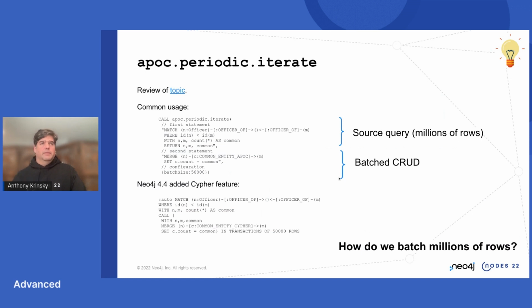Periodic iterate I bring up separately because it's so commonly used. The thought experiment is pretty simple. You've got an unwind with millions of records. If you send that to Neo4j directly or a source query, you're going to potentially blow up your transaction limit, which I mentioned as 2 gigs.